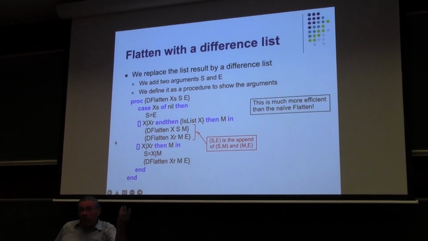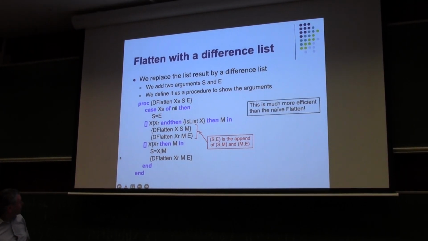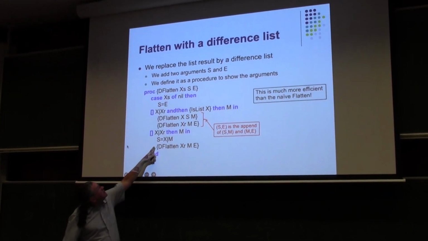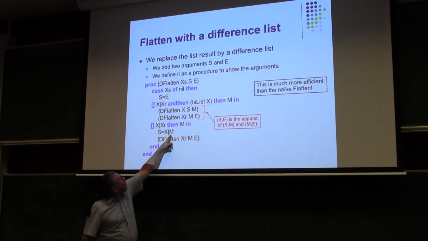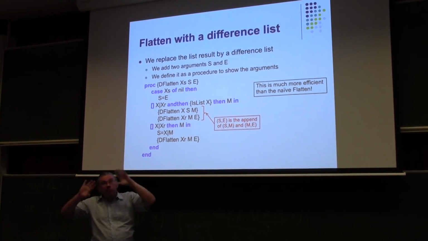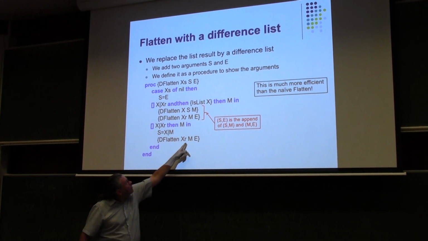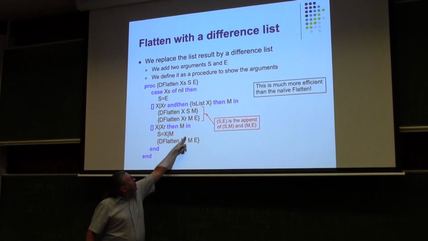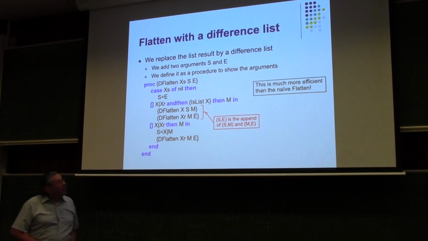I want to add the element x. And so I'm adding an element to the front of a difference list. So s, which is the front, I do equal x bar m, m for middle or something, and then I do the recursive call of me. So the x is added to the front, and then the rest is done here, okay?